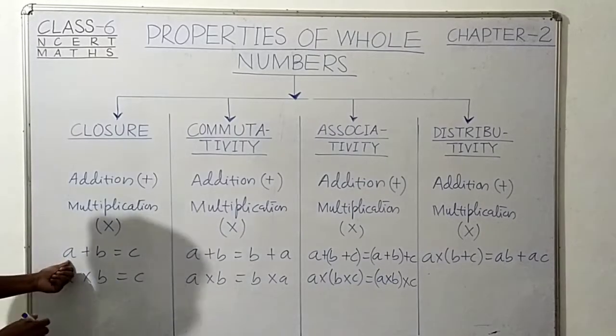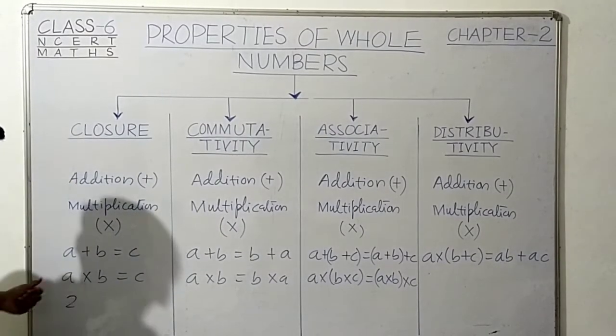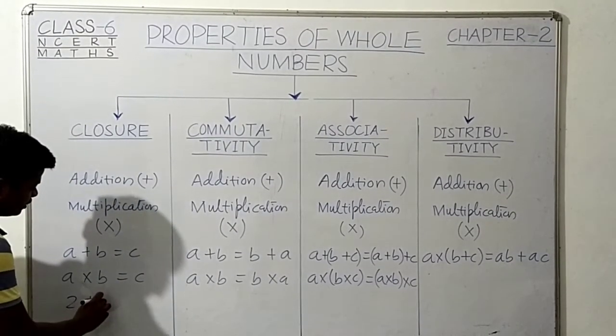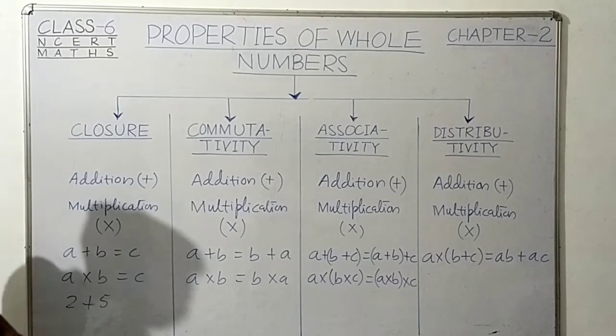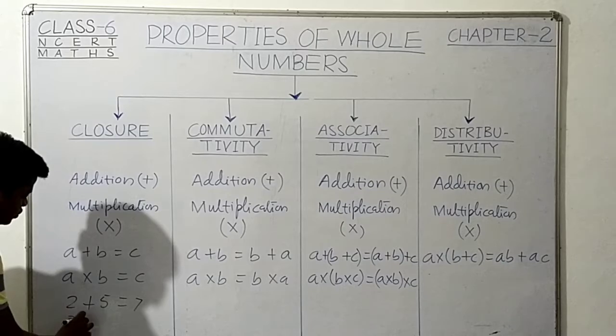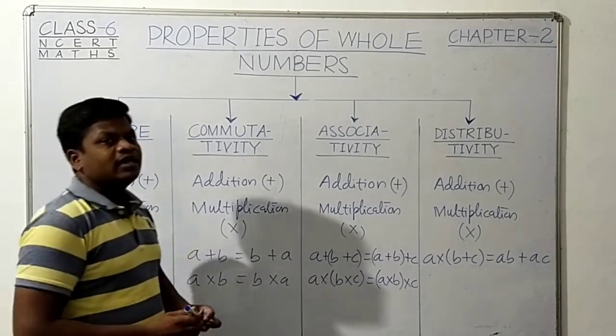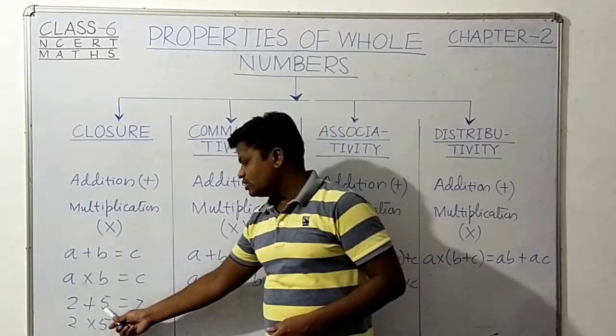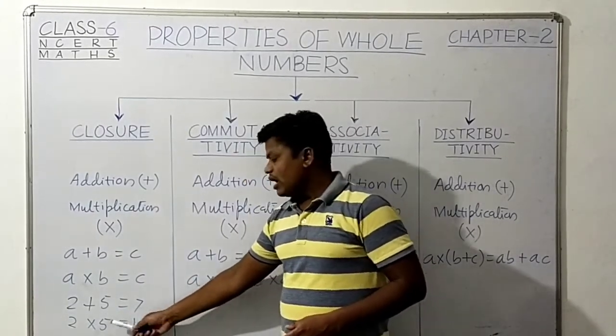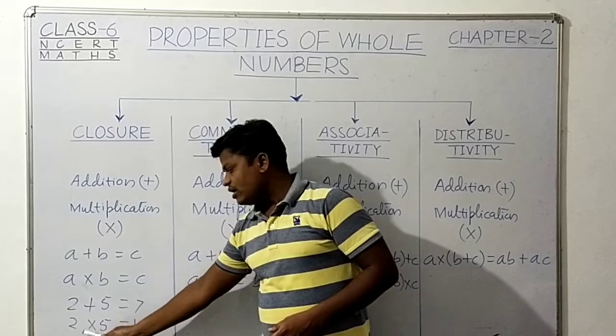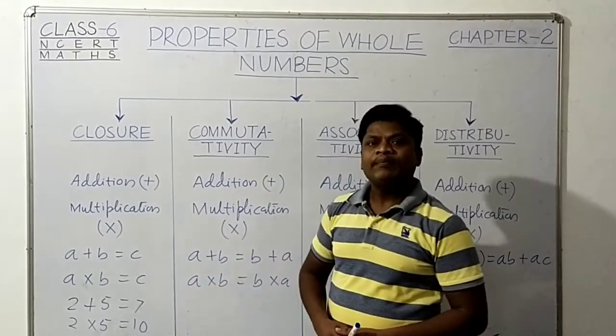Suppose I take 2 in the place of A, and I add 5, which is another whole number, so I get 7. In the same manner, I can multiply 2 into 5, so again I get 10. So if I multiply or add two whole numbers, I get a whole number again.